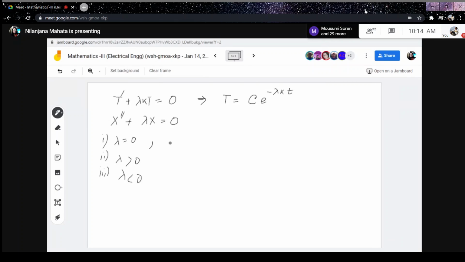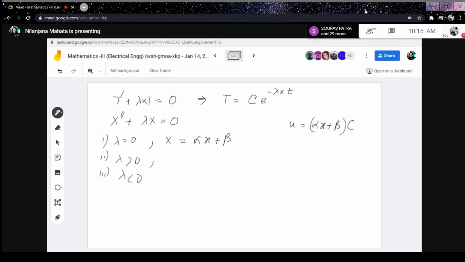For lambda 0, that is the same as before, suppose my X is alpha x plus beta, so your solution u will be alpha x plus beta multiplied with this.